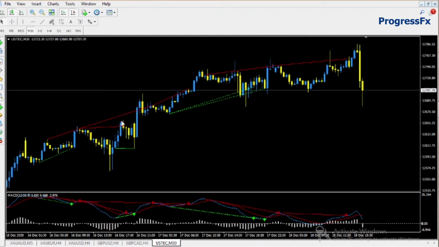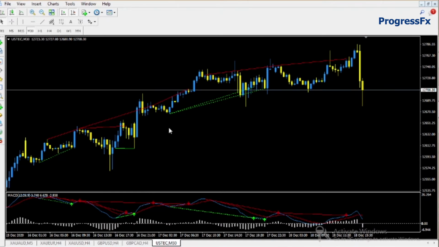Normally, if you are using the ordinary MACD, or the MACD that is well familiar with the MT4 MACD, whenever you hear these divergence lines, these lines you see, I don't know if it appears in your own trading platform, because it depends on brokers.